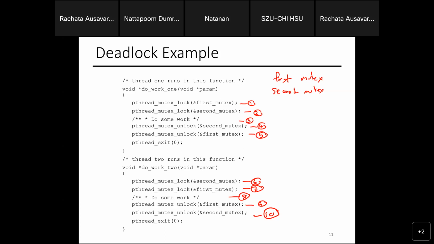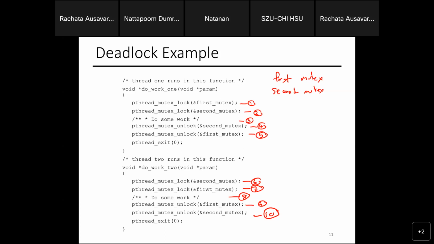Okay, here. Imagine if you run line 1 and line 6. What happened? Both functions are handled by another thread. Let's say do work 1 is run by thread 1, do work 2 is run by thread 2. Thread 1 then starts line 1, locks the first mutex.